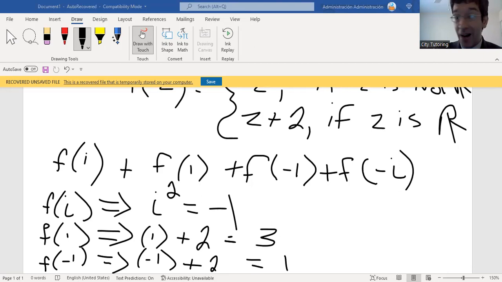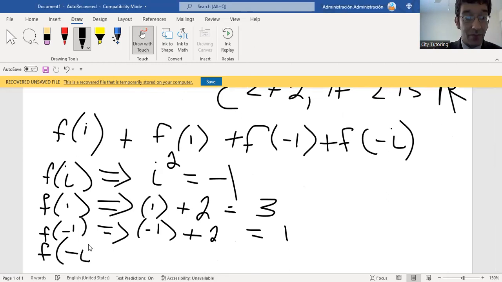Finally, negative i is not a real number, which means we need to go back to the z squared. And so we have negative i squared. So f of negative i is going to yield negative i squared, so that's negative 1.